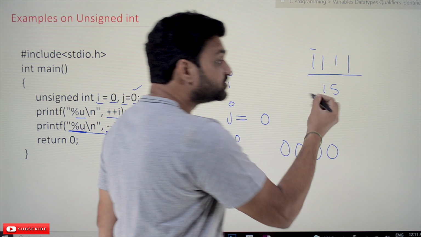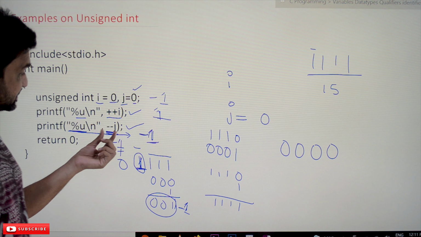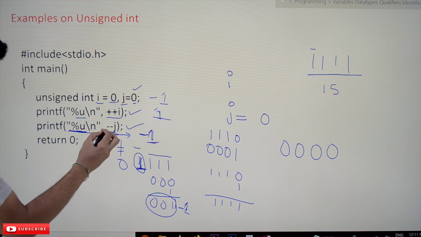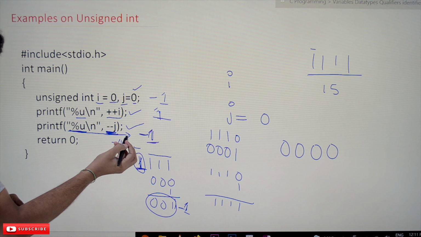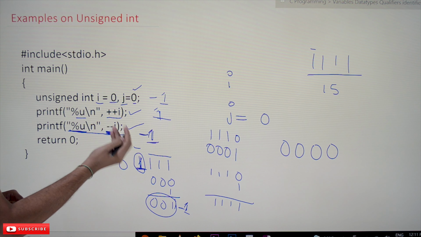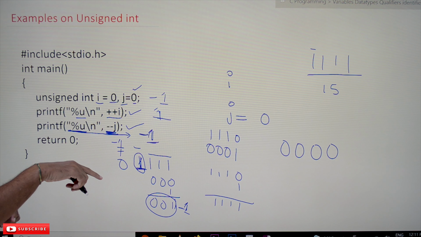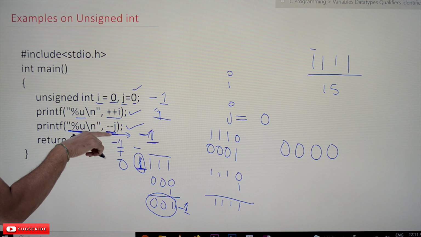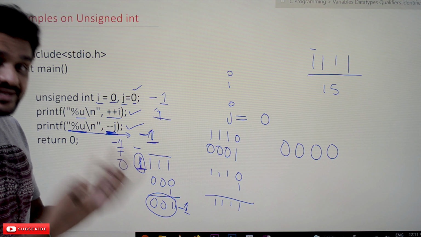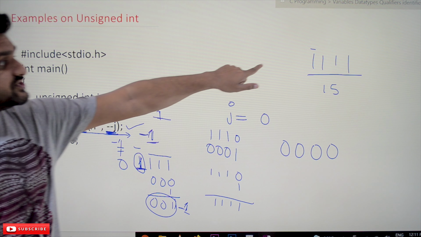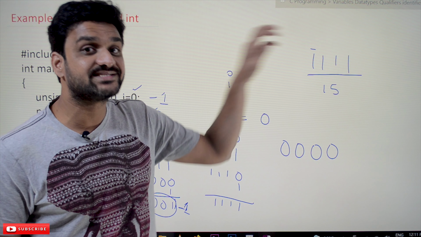So what is the output that we are going to get for -1? Here we assume that minus j means it is -1. We assume that it is going to print -1, but we want to print it as an unsigned number. It will consider the value of -j as an unsigned number, so all these 4 bits are considered as the magnitude.